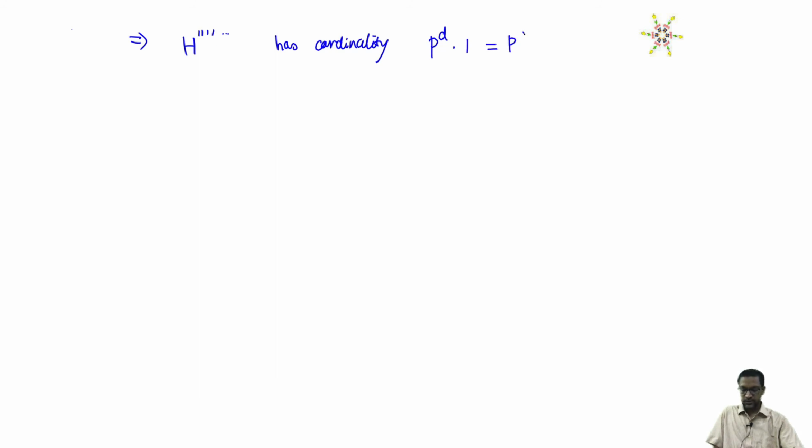In other words, its cardinality is P power D. So you can't keep going on and on here. At some point the process has to stop, which means that you must have reached a P group. And that's really the proof of the theorem. So, proof complete.